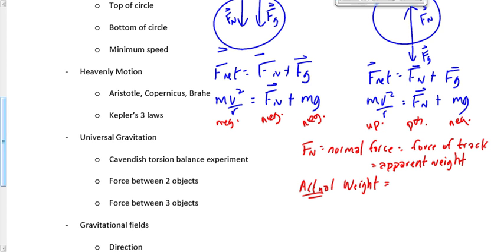Your actual weight is just the force of gravity, which is m times g. If you're asked for your actual weight in one of these questions, it's easier than all of this. You don't need to go through this process of doing circular motion. Actual weight is just mg. Don't try to make it harder than it has to be. Normal force, yeah, you've got to go through all this. But force of gravity, you don't. Just say m times g.